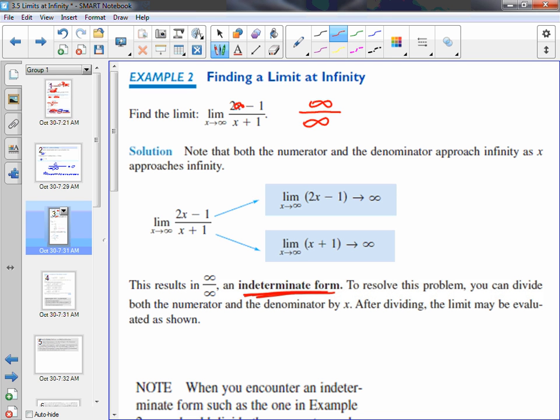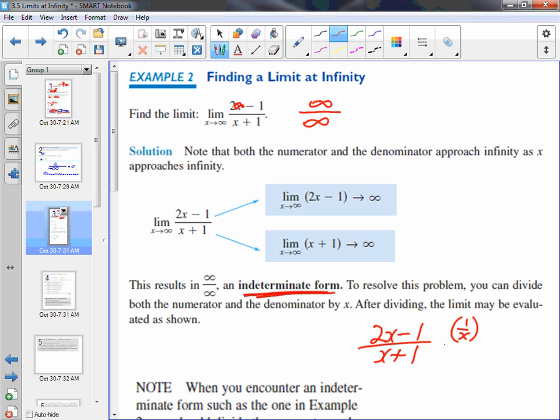Now, why on earth would we be allowed to just up and divide a numerator and denominator by x? We've never had in the past a rule that says, hey, go divide something if you want to, right? But dividing by x, isn't that the same thing as multiplying by 1 over x?